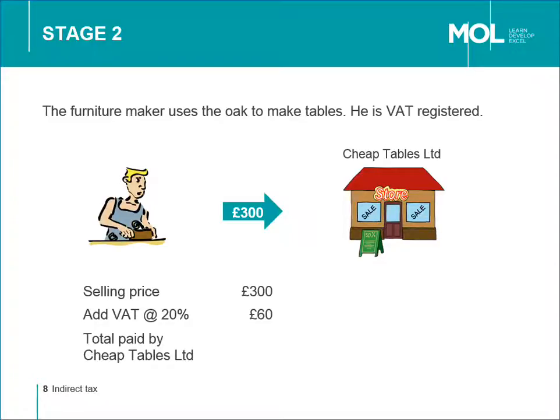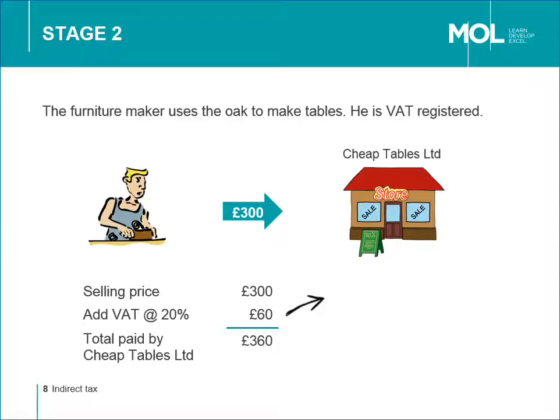The total therefore paid by Cheap Tables Limited would be £360. The £60 of VAT charged by the furniture maker again is output tax, and he will complete a VAT return and will pay this £60 to HMRC.